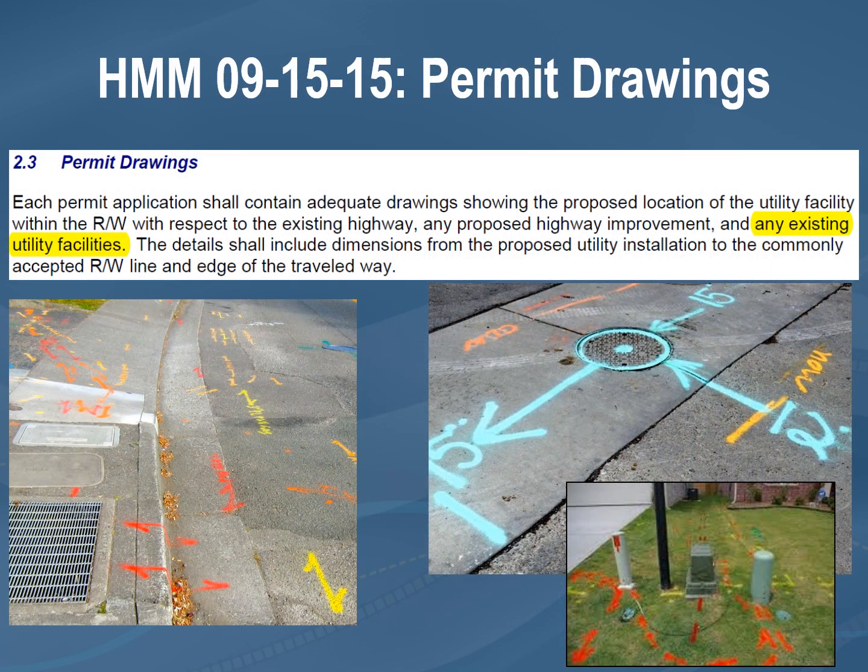Also, permit drawings, and one of the most important things and frustrating things for everybody is we need existing utilities on the plans. If the existing utilities aren't on there, we don't know what's out there, and yet you're trying to install some utilities without showing us what's already out there. So that's very important to make sure those are on the plans.